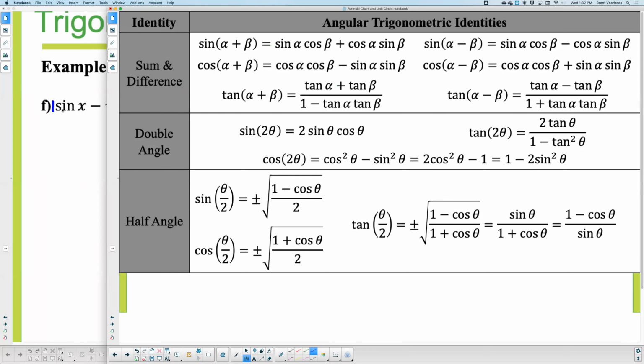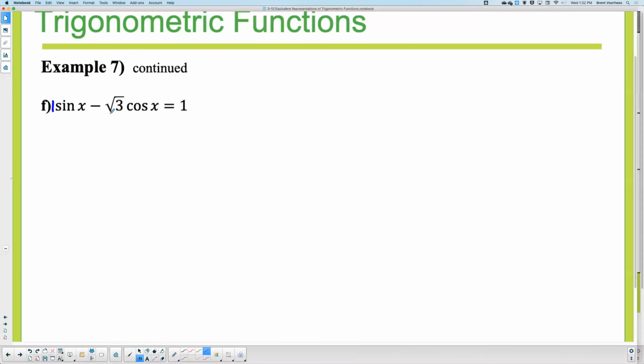Why does it have to be a sine formula? Because look at cosine formulas. What comes in the front end? What's positive? The cosine pair. This has a negative cosine, so it can't be a cosine formula. And then the sine symbol stays the same. So this is a sine formula.